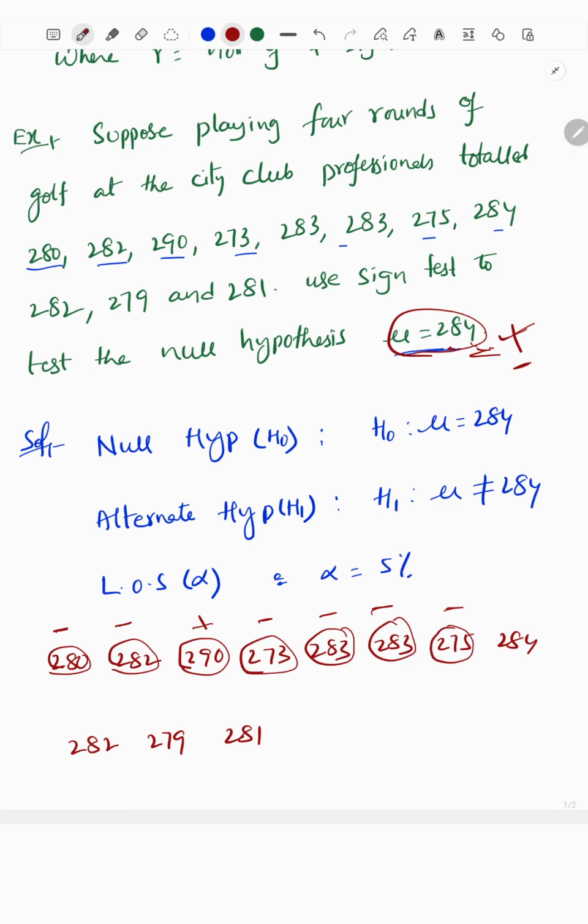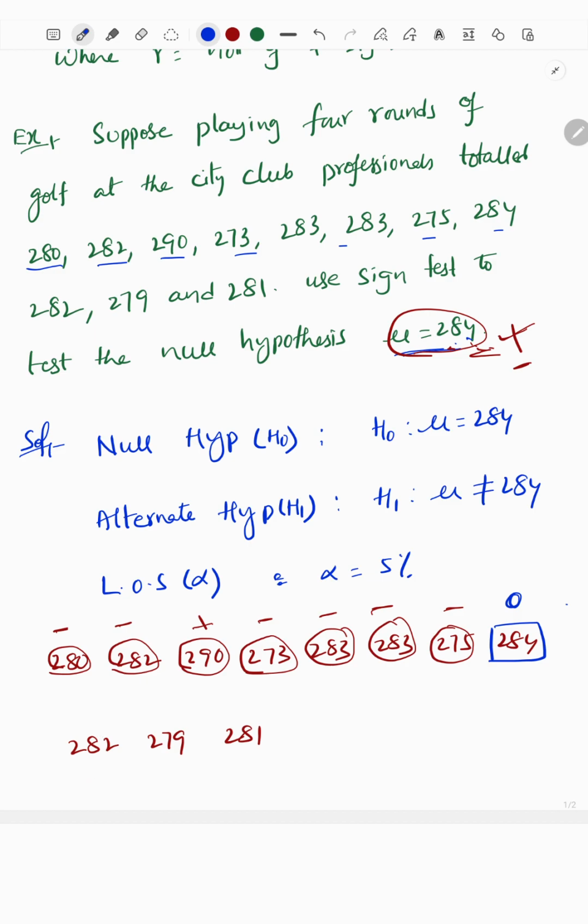But remember, the next most important is 284. Now we are comparing with 284 and the observation is also 284. When the observation is equal to the value we are comparing with, then we take 0. We should not use either plus or minus.